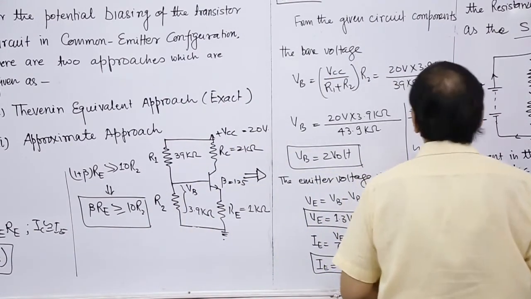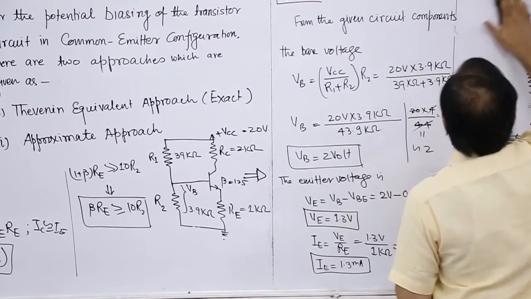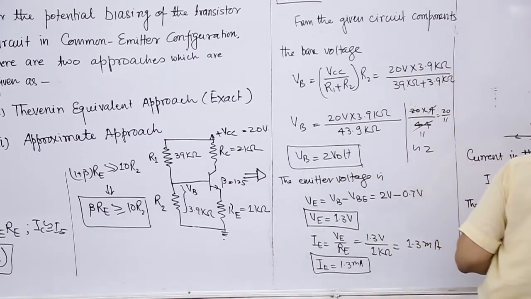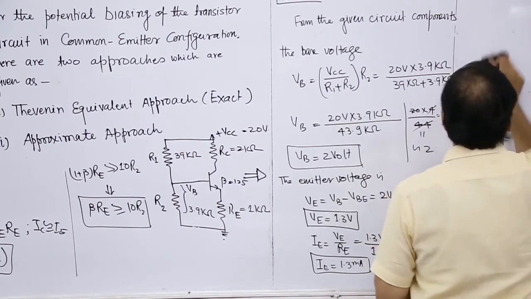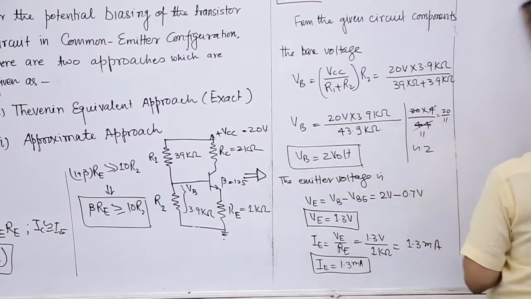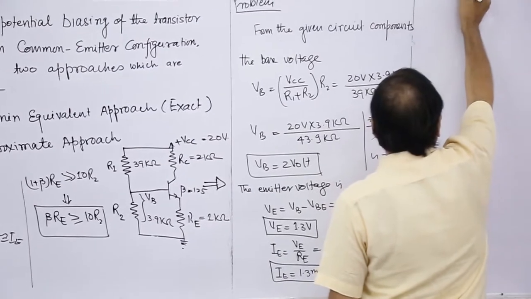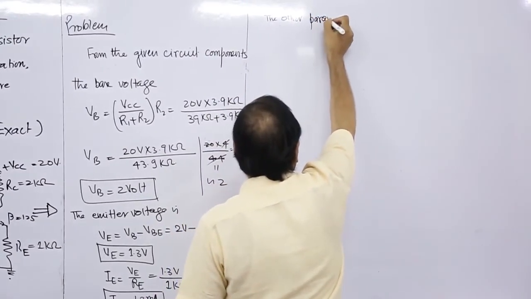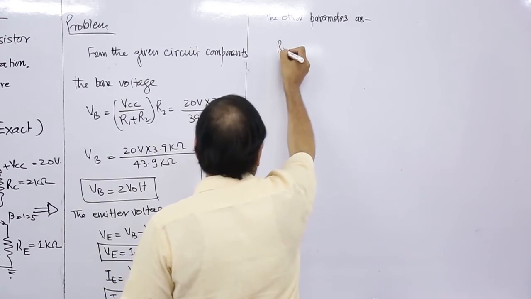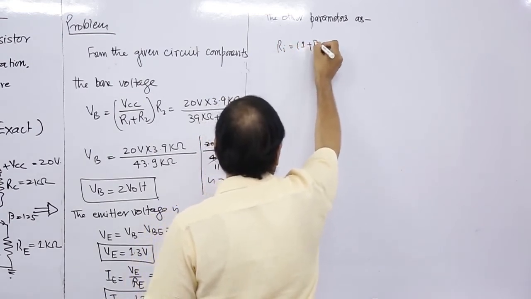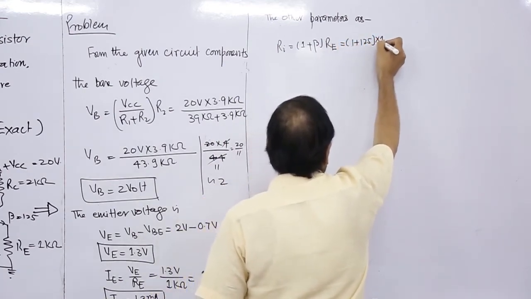And the other parameters, such as RI. RI is 1 plus beta into RE, that is 1 plus 125 into 1 kilo ohm.